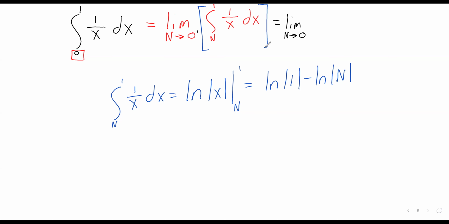Again, after lecturing everyone about notation and stuff, I sometimes get kind of sloppy and just write limit. We're really approaching this limit from above. We're assuming that n is positive. The natural log of 1 minus the natural log of n.